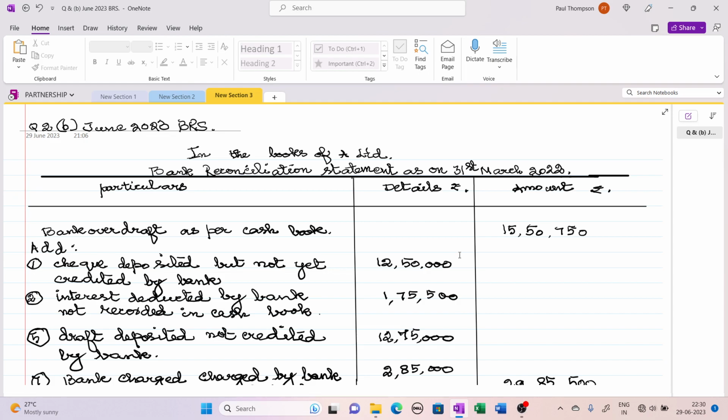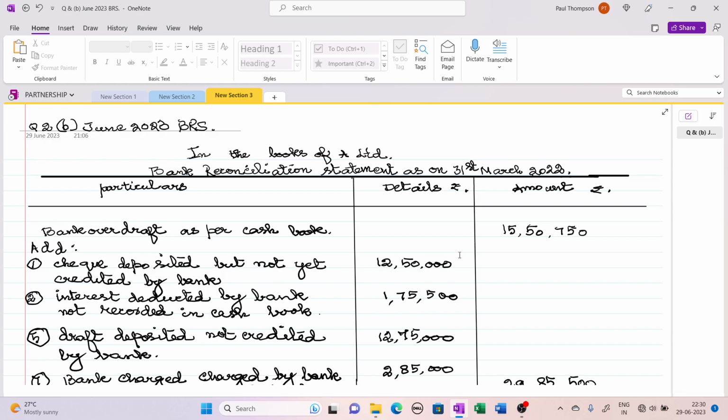Whenever there is an overdraft, any amount deposited through cheque or draft, because we are dealing with the bank column only, whenever the firm deposits any amount into the bank, in the cash book immediately we will write it on the receipt side, the debit side.